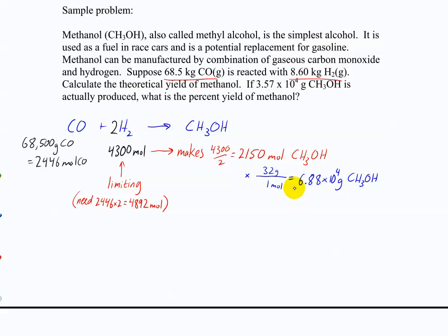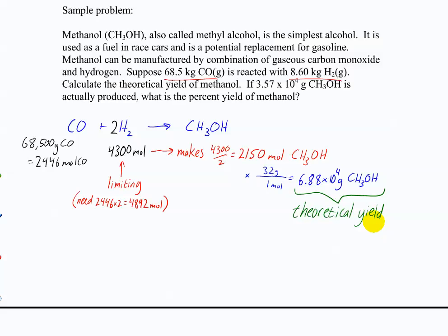And this is what we call the theoretical yield. That's how much we should make if we actually put these amounts together and everything goes exactly perfectly.